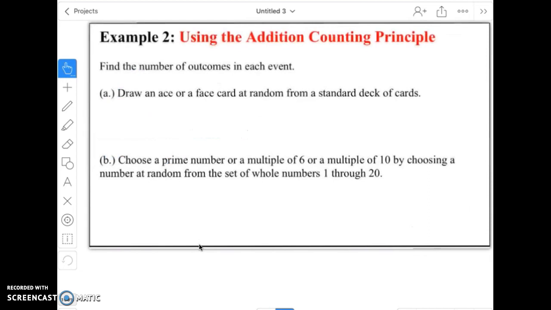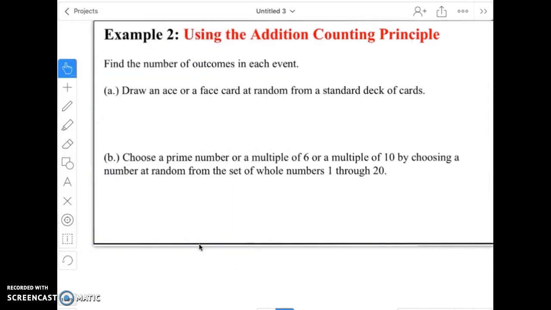So this is using the addition counting principle. So remember that it's just adding. So you're given a situation: we can either draw an ace or a face card at random from a standard deck.